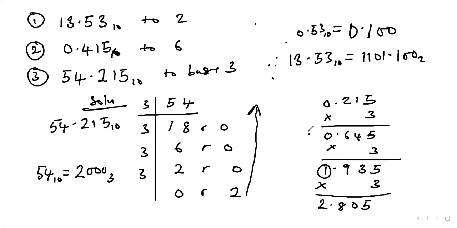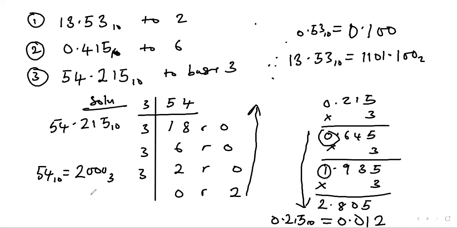So you read from this second part down. And that will give us that 0.215 base 10 is equal to 0.012, starting from here to count 0, 1, 2.